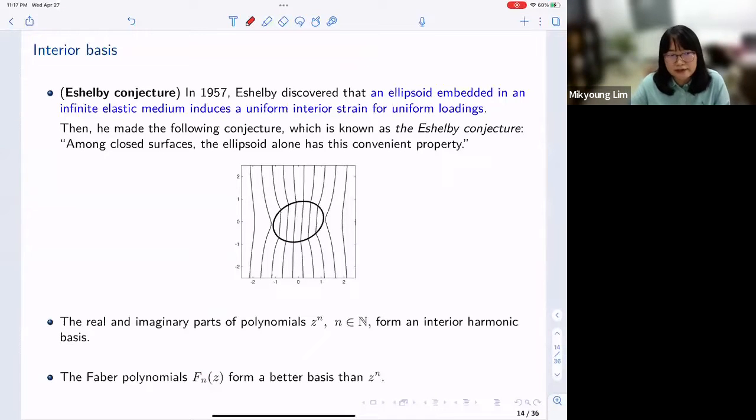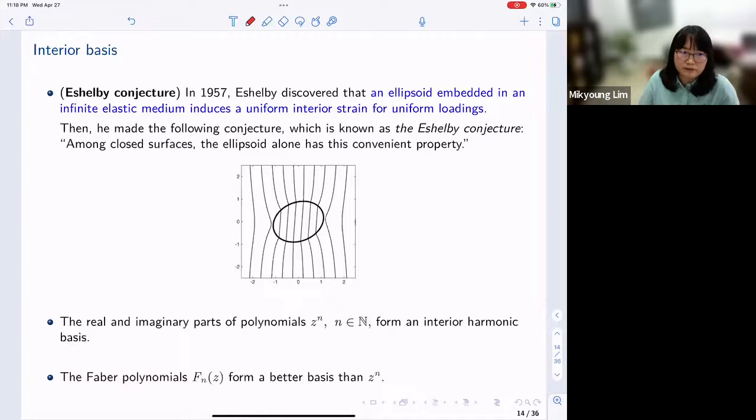And for the interior basis, I had a difficulty for a while to figure it out. My initial idea was to use the interior conformal mapping, but then there is no explicit way to deal with the transmission condition. And then the Eshelby conjecture gave me an idea.